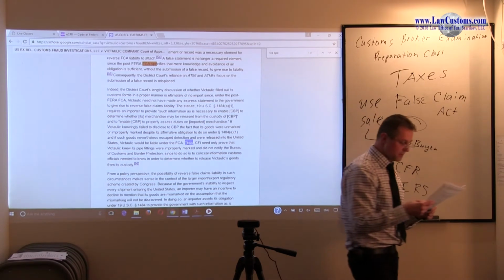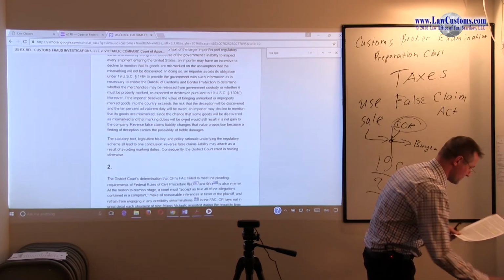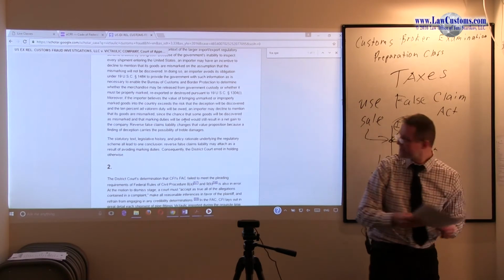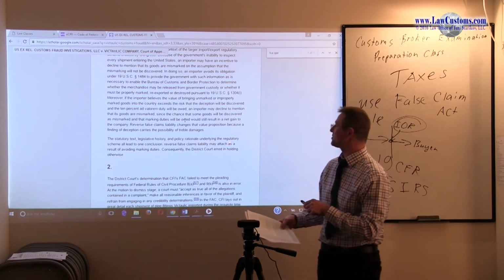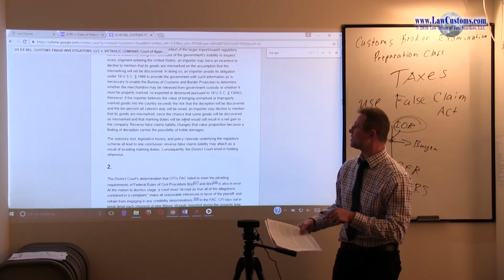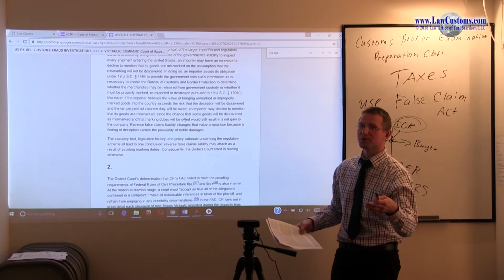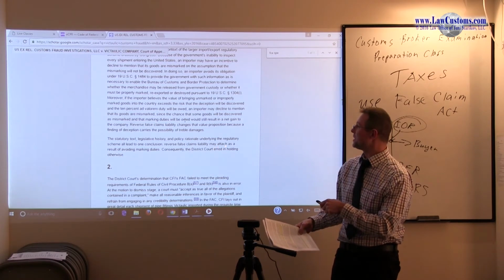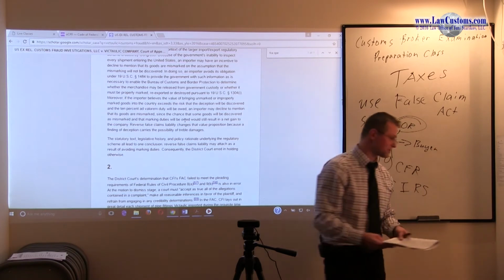To finish it up: the statutory text, legislative history, and policy rationale underlying the regulatory regime all lead to one conclusion: reverse False Claims Act liability, where you underpay or avoid duties, may attach as a result of avoiding, in this case, marking duties.